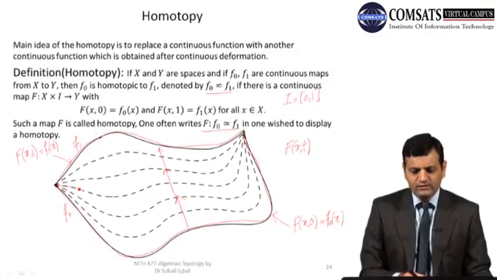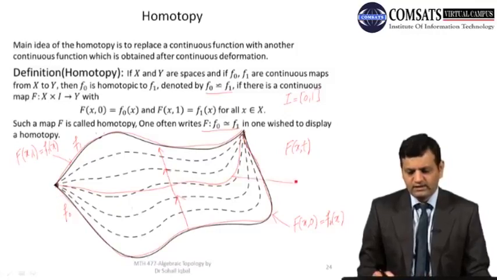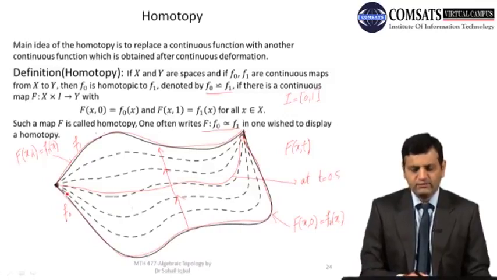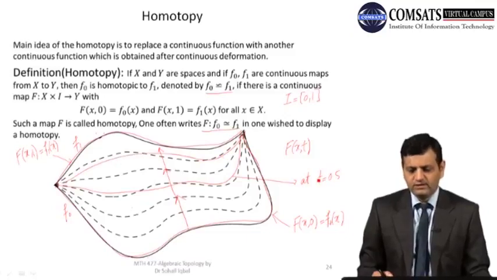Any function in between these two functions, for example at time t equal to 0.5, is an intermediate function, which is the function at time t equal to 0.5. Similarly, if I take some other time, let's say 0.75, then I will get some other function.